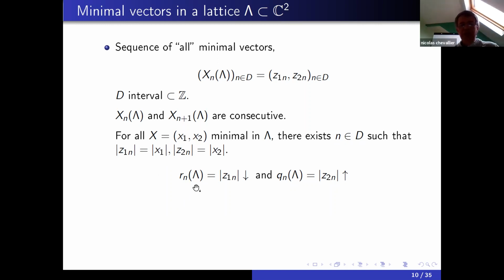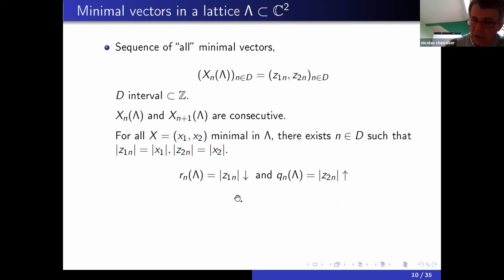And as we explained before, if we call Rn of lambda the modulus of the first coordinate of the minimal vector xn, and Qn the modulus of the second coordinate, the second coordinate must increase, and the first coordinate must decrease.